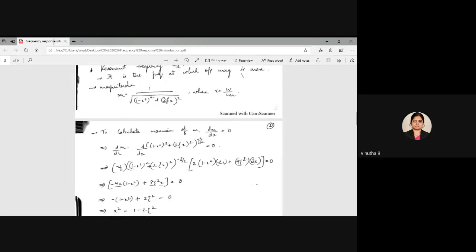The minus half comes here, minus half into this entire term, 1 minus x square the whole square plus 2 zeta x the whole square, to the power minus half plus 1, so it is minus 3 by 2, into, now again you have to differentiate whatever is inside, because you have x terms. So when you differentiate 1, that becomes 0, correct?